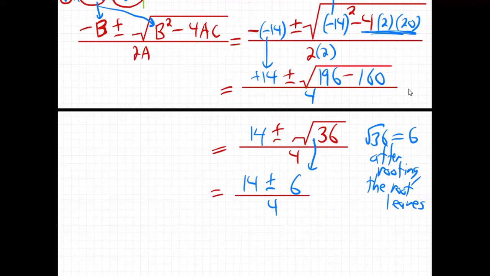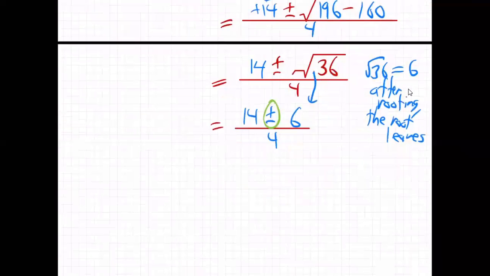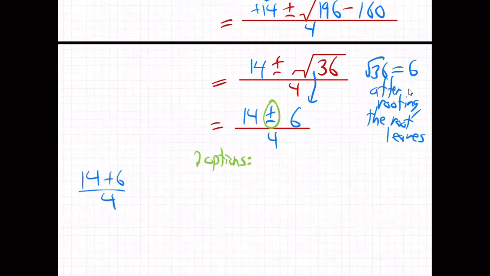Okay, so now what are we going to do with this? Remember what plus or minus always means? Two options. So we're going to have 14 plus 6 over 4, or 14 minus 6 over 4.